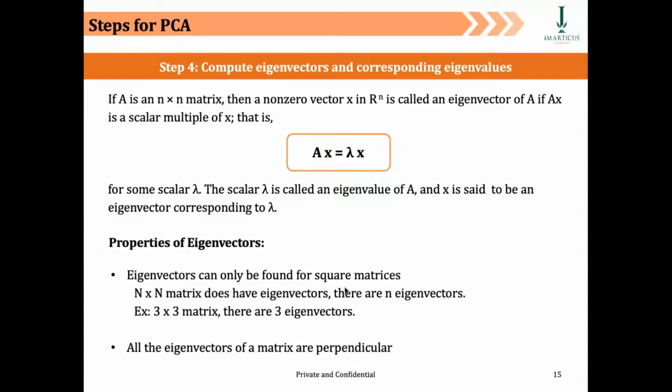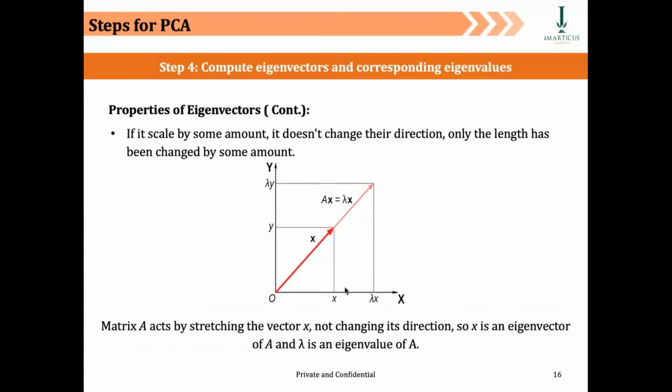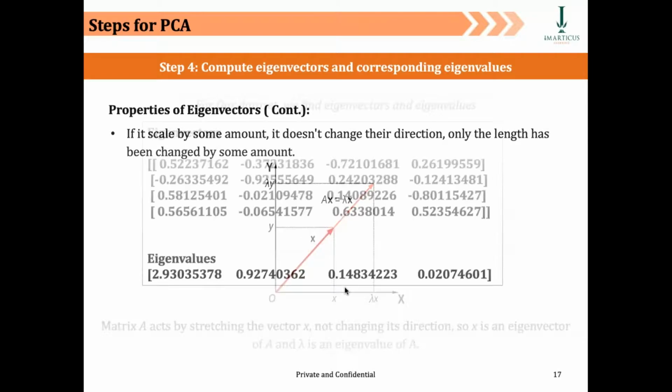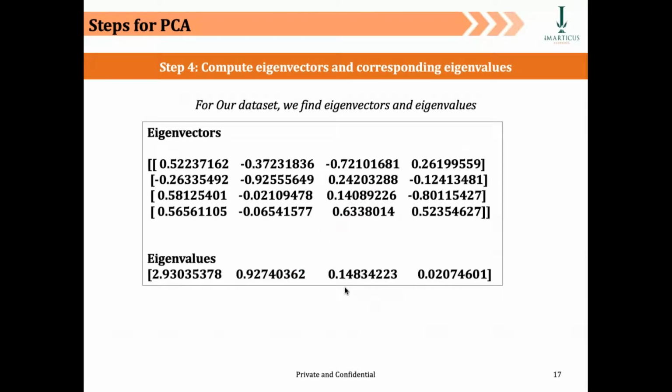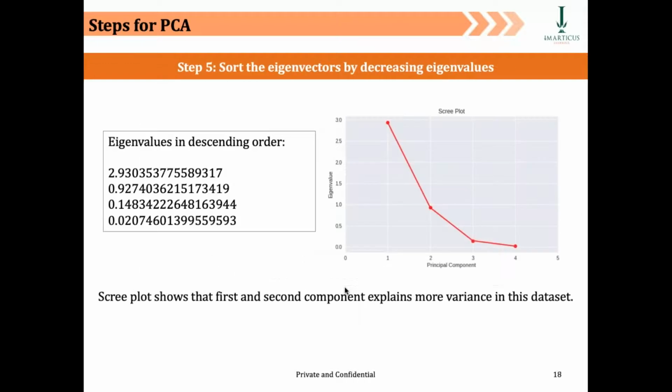Here is the expression of the eigenvalues. Then we compute the eigenvectors and corresponding eigenvalues, and slowly and gradually your data is getting converted into eigenvectors and eigenvalues.